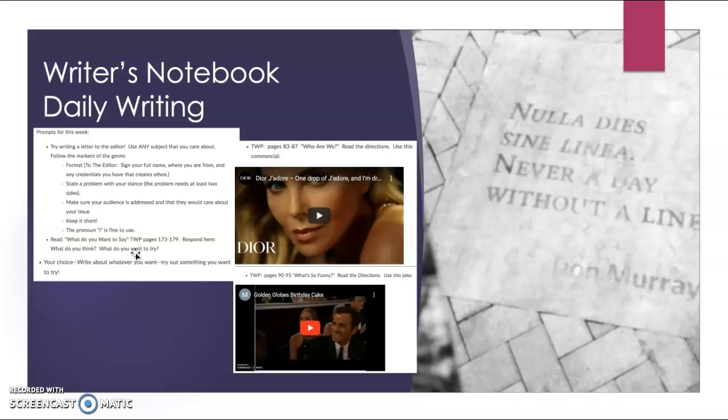All of those things you're going to bring into your argument paper as well, but instead of just questioning and wondering about a topic, you are actually going to choose a side and have an opinion and defend that opinion. But you're going to do it in an artful way.